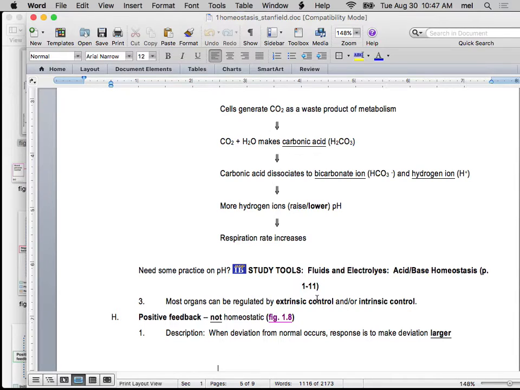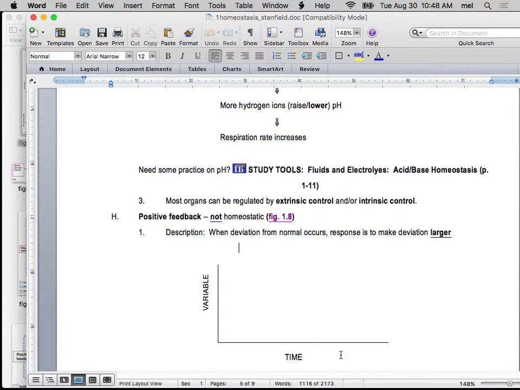And it's also not necessarily up. With negative feedback, if it got hot, you turn on the air conditioner. With positive feedback, if it gets hot, you turn on the heater and you add to whatever direction something was going. So the description is when the deviation from normal occurs, the response is to make the deviation larger, to continue going in that direction.